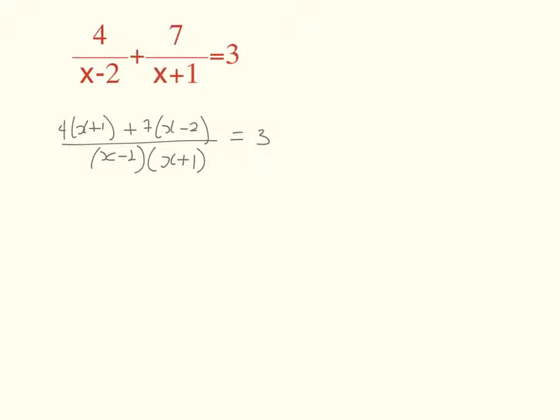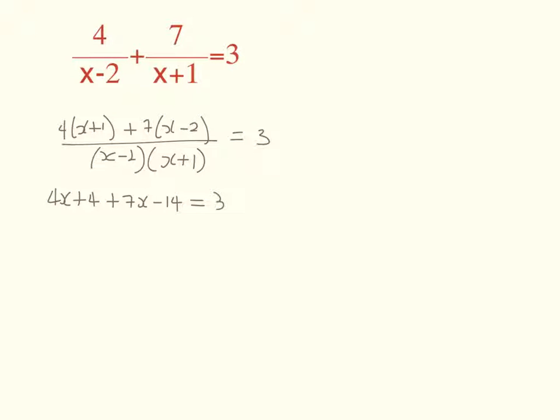We can now expand the brackets. So that's going to give us 4x plus 4 there, plus 7x minus 14 equals 2. What I'm going to do, same as I did with the last problem, is expand this using FOIL, so x squared plus x minus 2x and so on, and then bring it all over on that side to multiply by the 3.